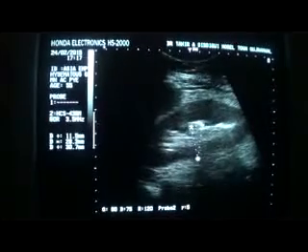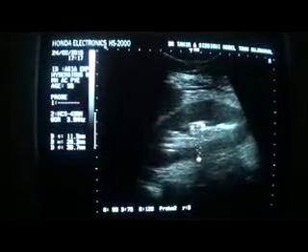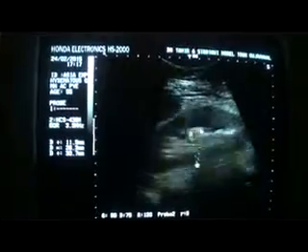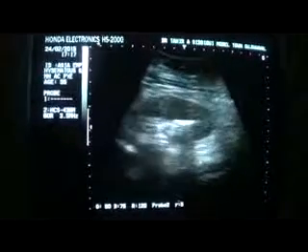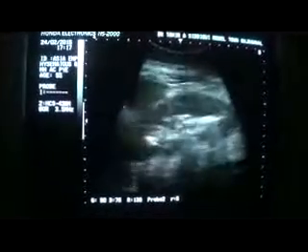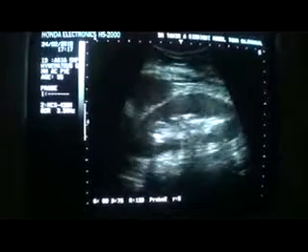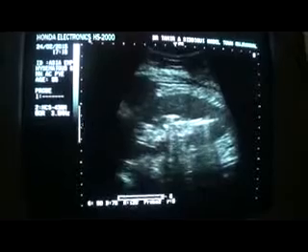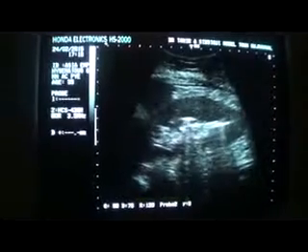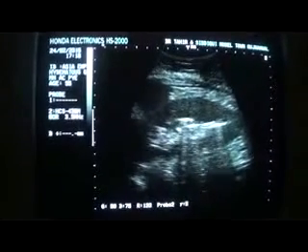So, however, we can say that the possibility of emphysematous pyelonephritis cannot be ruled out.